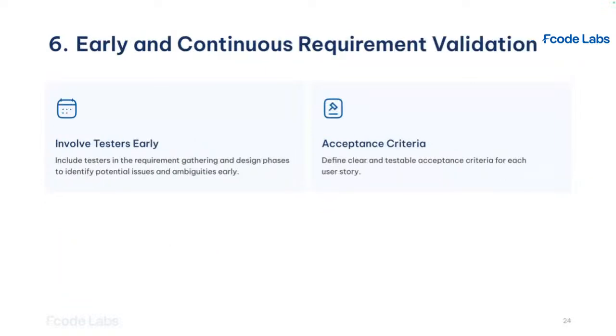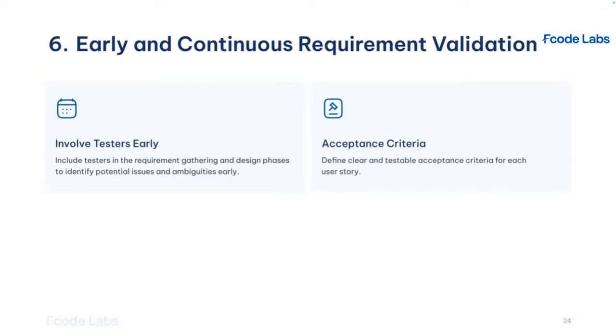The next thing is early and continuous requirement validation. We spoke about this when I explained what shift-left testing is as well. Involve testers as early as possible. Don't think that testers and quality engineers are not important for requirement discussions.